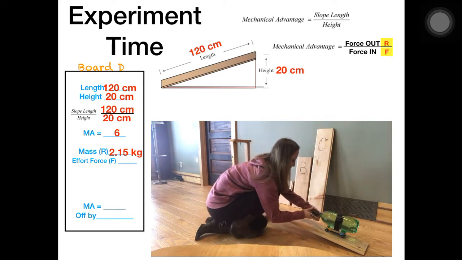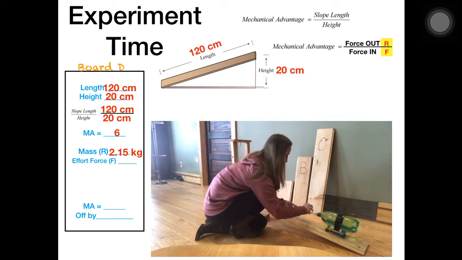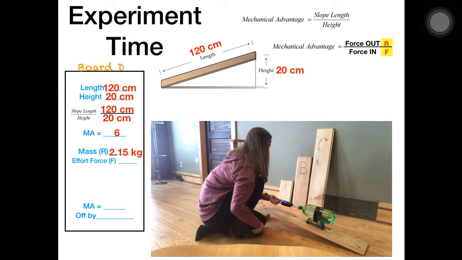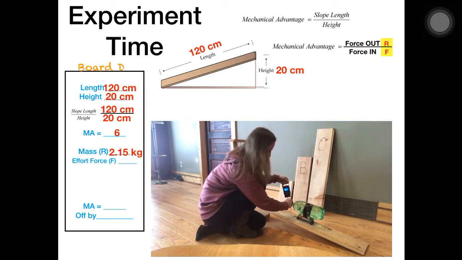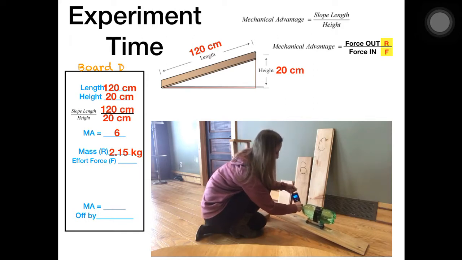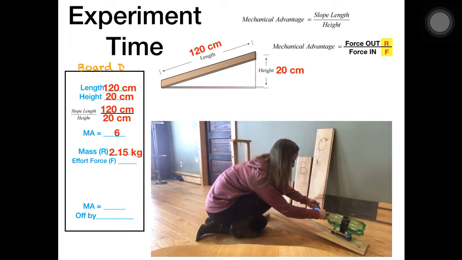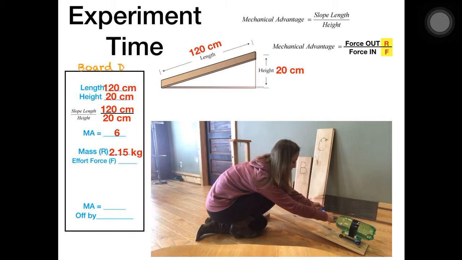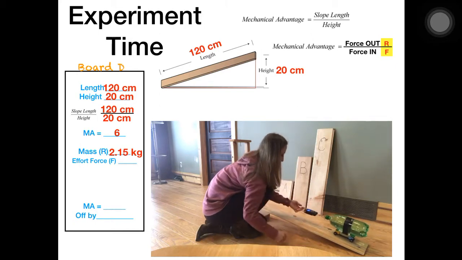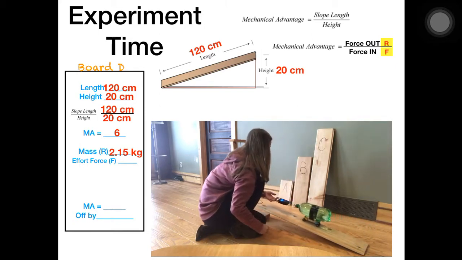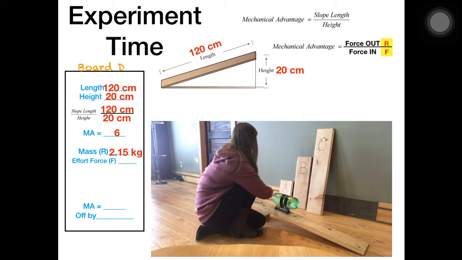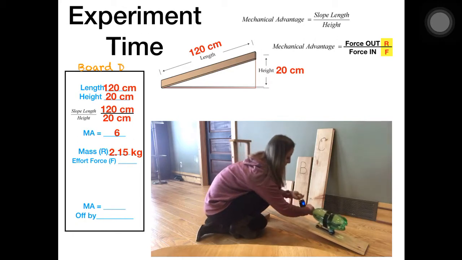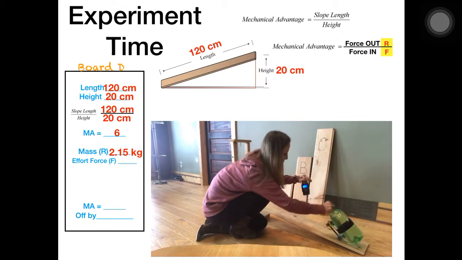Just hook it up, and I'm just going to pull it straight up. Okay. I'm going to do it 2 times here, just because that was really fast. Okay. I'm actually getting the same thing again.